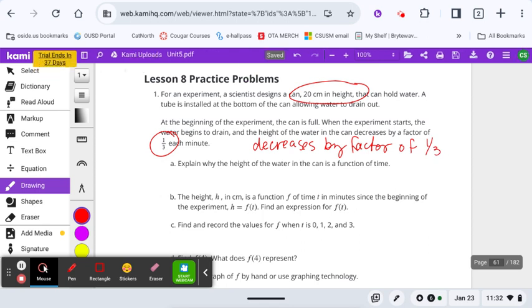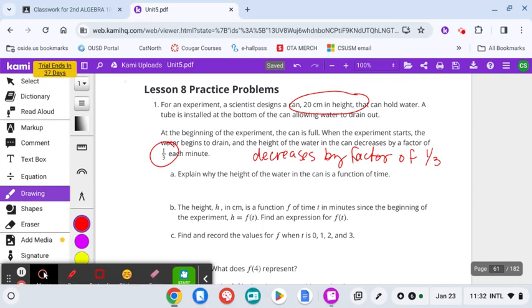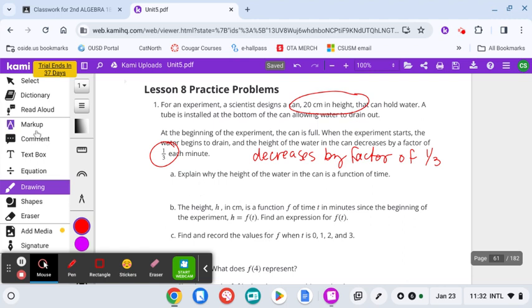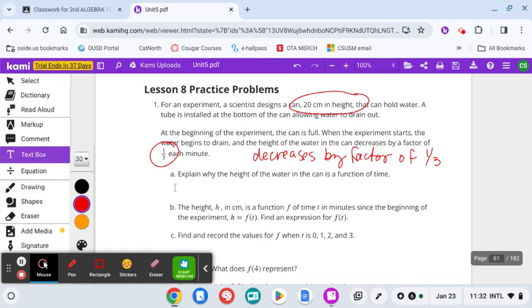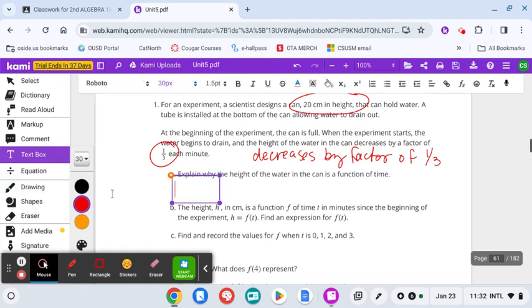Explain why the height of the water in the can is a function of time. And so again, you're just putting that whole concept of for every x, there's only one y, into a context answer. For every blah, there's only one blah. So for every height, let's go to the time first.